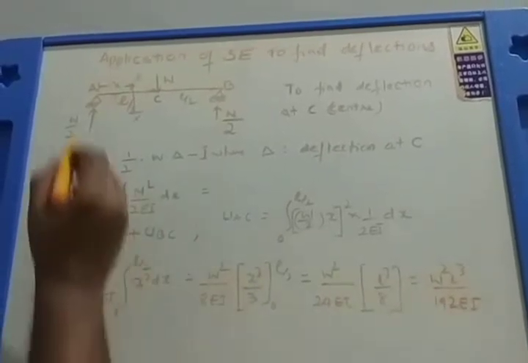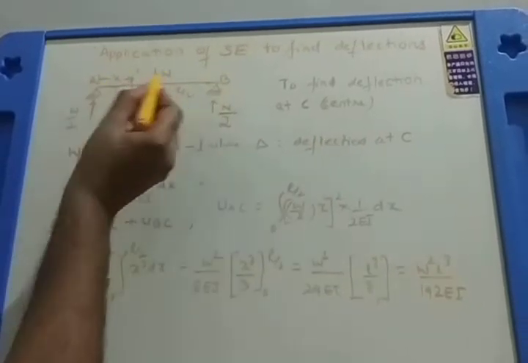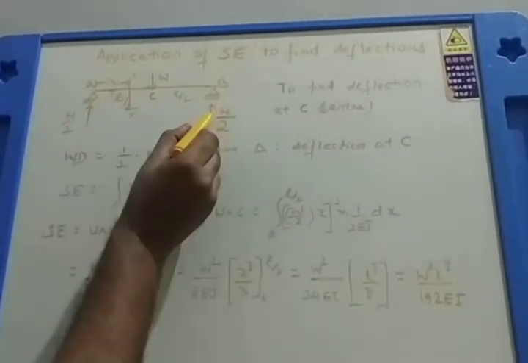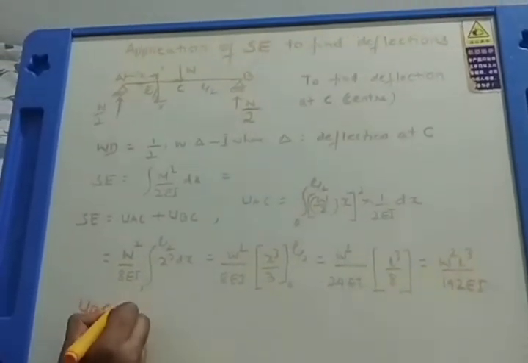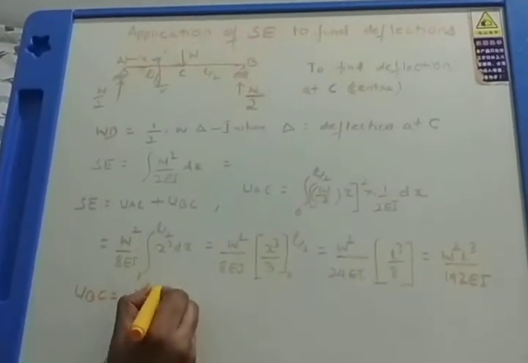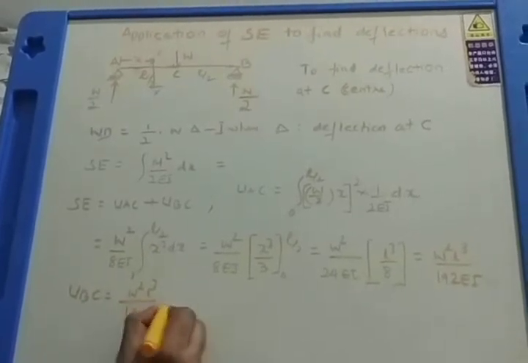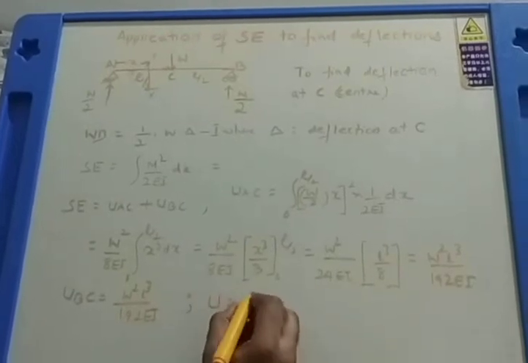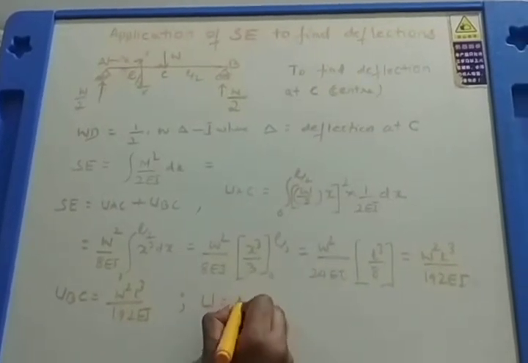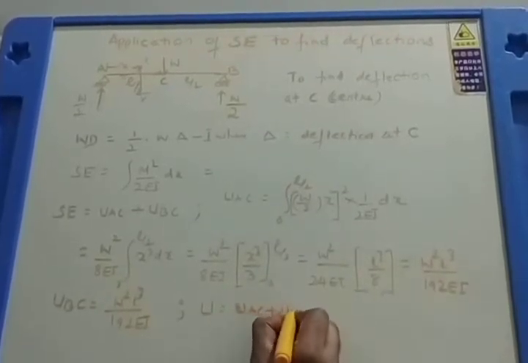If this is the strain energy for zone AC, the same strain energy will be there for the zone CB because of symmetry, because you can see the reactions are similar, everything is similar. So UBC also will be equal to W square L cube upon 192 EI. So total U will be equal to, you have to add both UAC plus UBC.